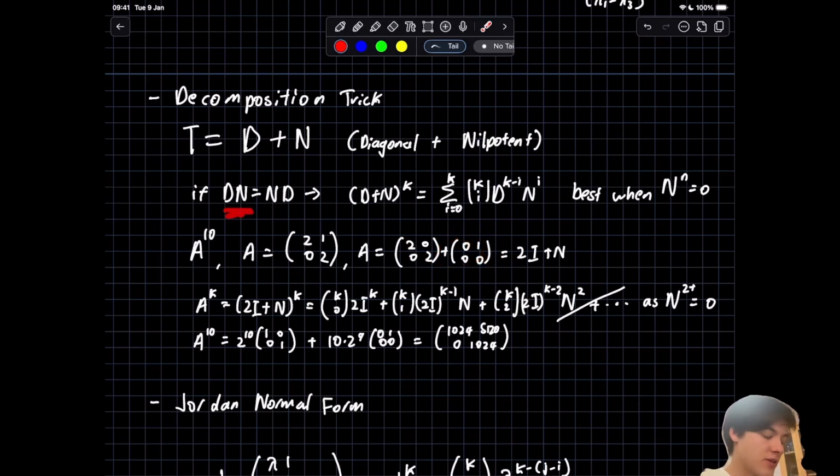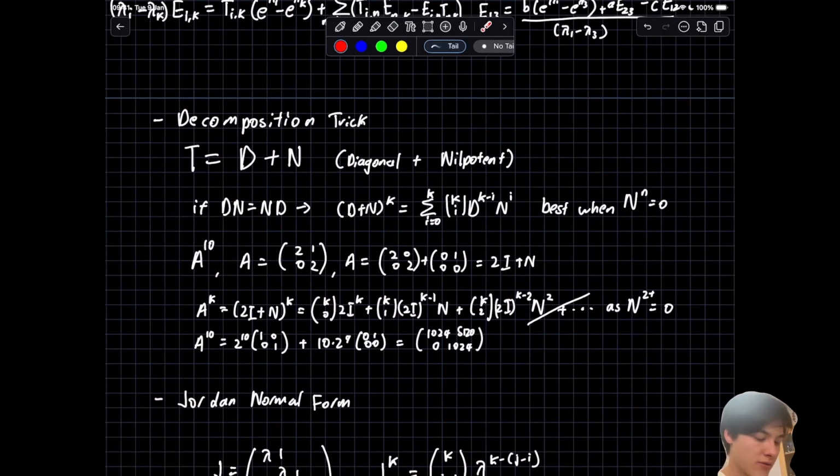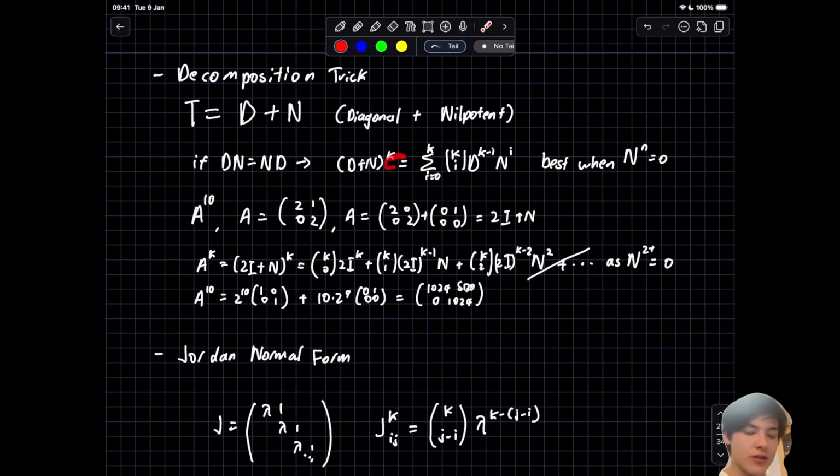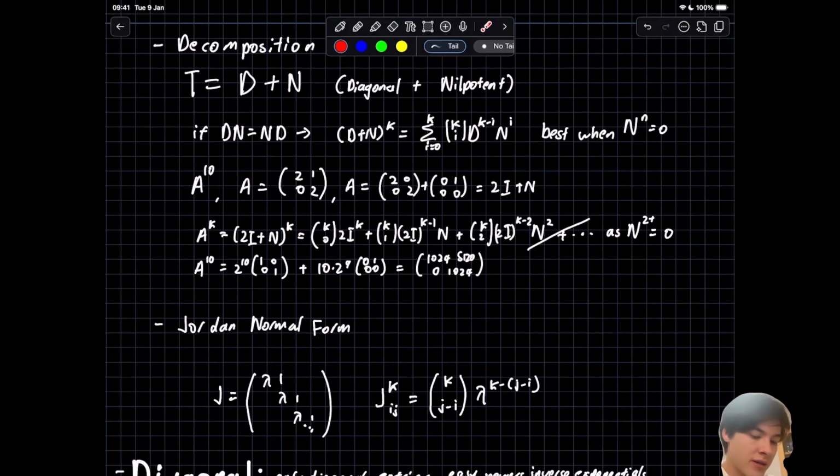This is not always the case, but if D and N commute, then we can do this. So we take this to the power, we can use this formula, or you just power this and then calculate it, because N to the power of some number will equal 0, so we only have a finite number of matrices that we need to calculate.